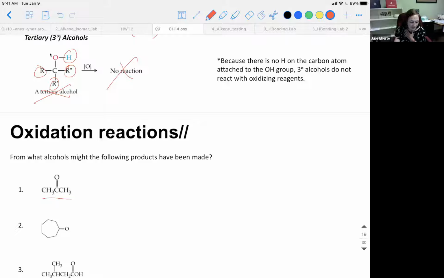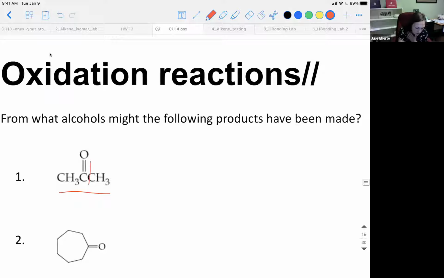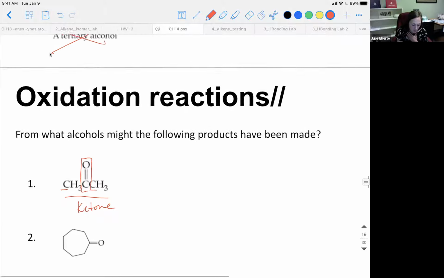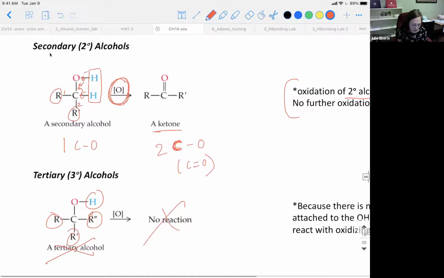How do I know it's a ketone? Because we have the carbonyl carbon right here, double bonded to the oxygen, and we have two carbon groups bonded on either side. That's a ketone. So remember, what kind of alcohol produces a ketone when it's oxidized? That is a secondary alcohol.